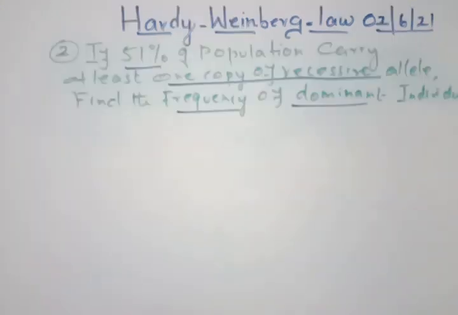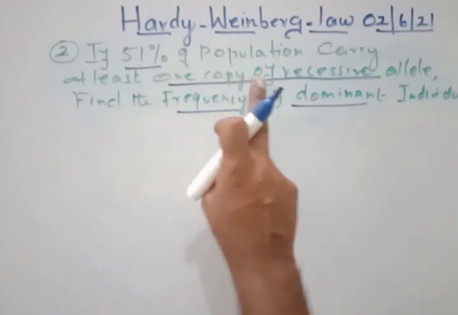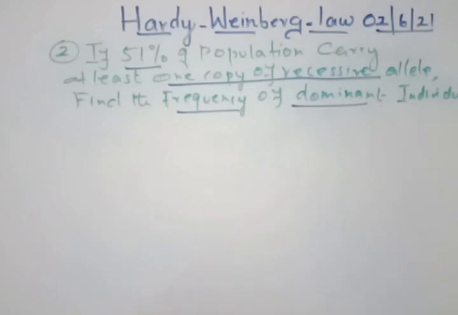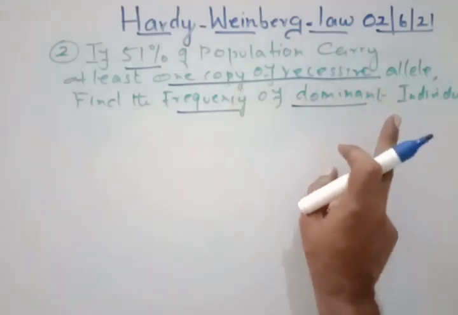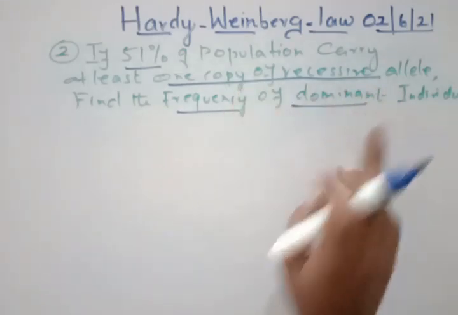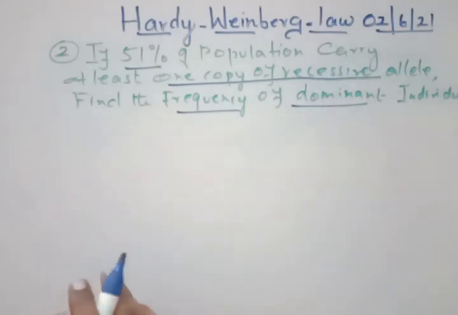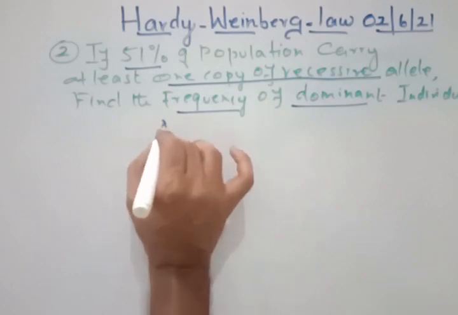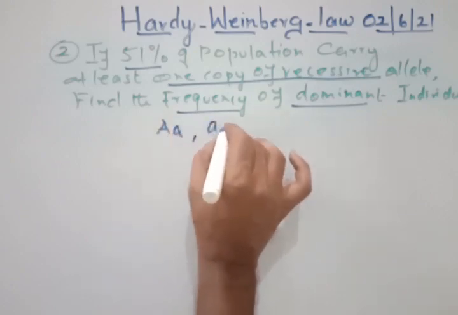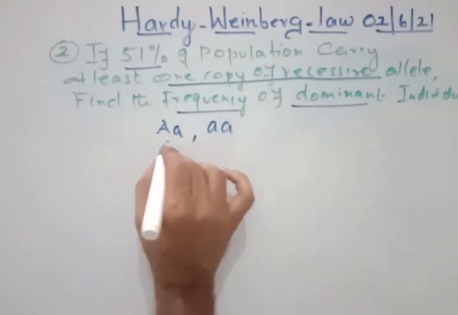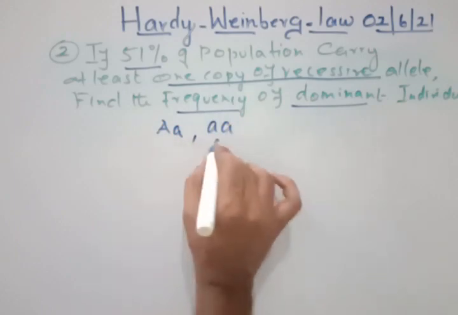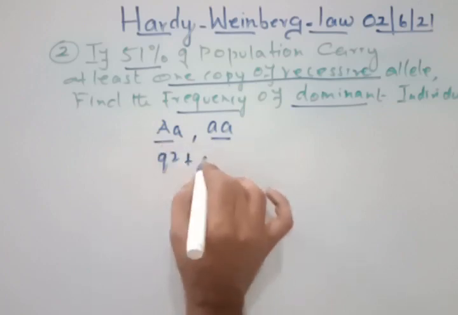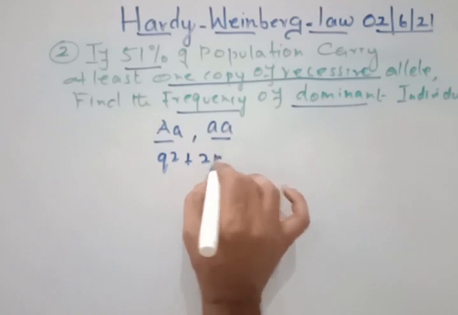The next question is, if 51% of the population carries at least one copy of the recessive allele, only one copy, find the frequency of the dominant individuals. Now here, for the recessive allele, you have capital A, small a, then small a, small a. So here we take small a as q square, plus the heterozygous, which is 2pq.